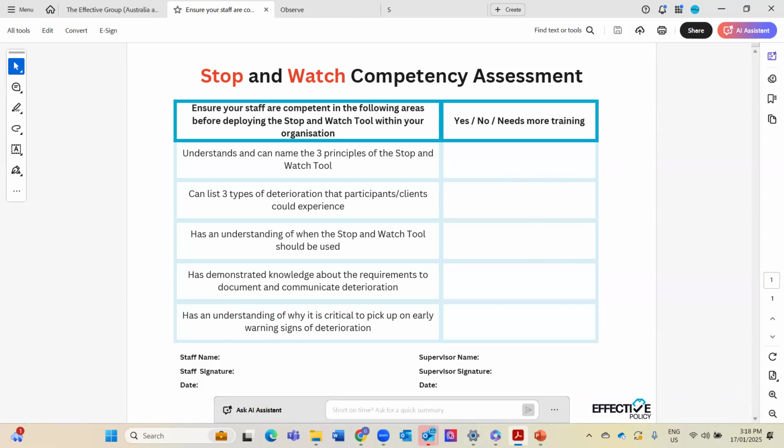So we have a competency assessment, very simple. It only asks for a few competencies to be met. But you'll detect on the first go whether somebody's picking it up, and you give them opportunities to do it again, especially when they're new. And so that's this one.